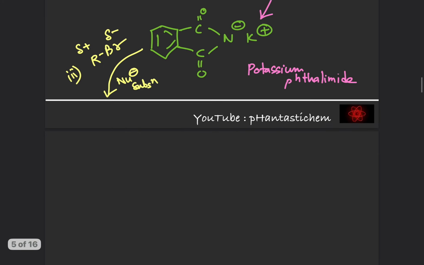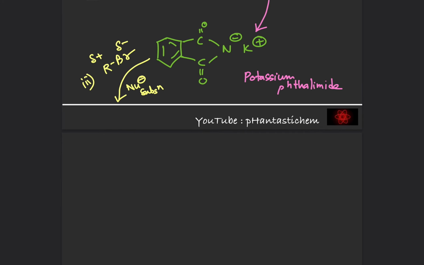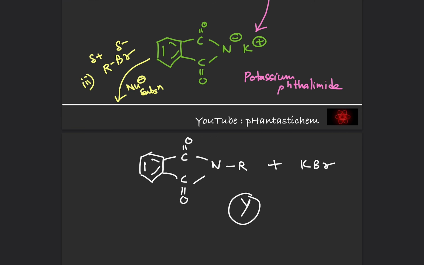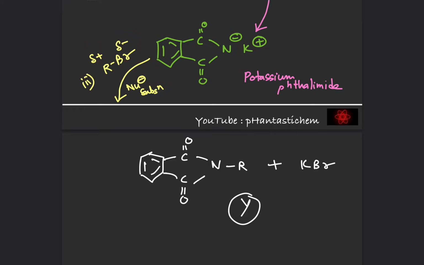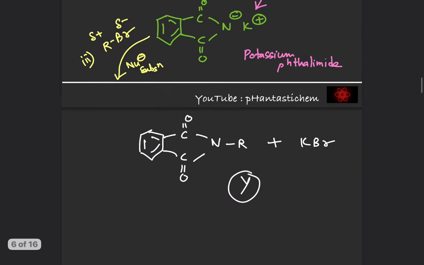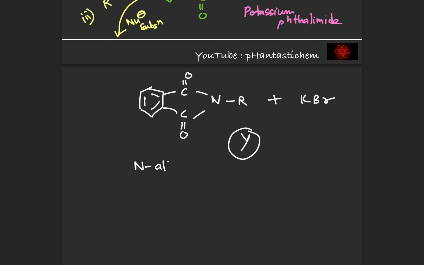Therefore, after the nucleophilic substitution, we will be getting the product: we will get the benzene ring, C double bond O, C double bond O, N and R, plus KBr, right? And this is Y. How did we get this? Simple. The nucleophile attacks R, so R will form a bond with this nucleophile, and Br and K go out. That's how we got this. And this is known as N-alkyl phthalimide.